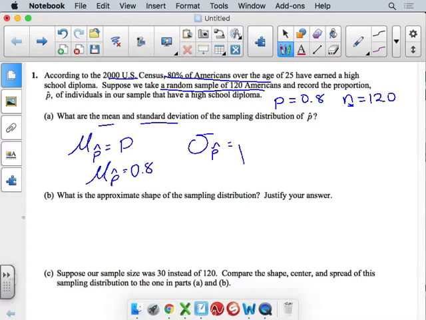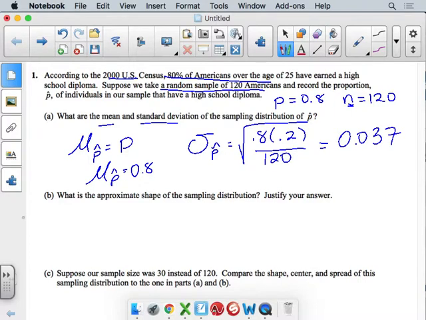And then you can get your typical standard deviation, like what's the typical range to be away from there. So the formula says do P times 1 minus P divided by the sample size, 120. Do the square root of that. And I got 0.0365, so you could write 7 or you could write 6.5, either way.